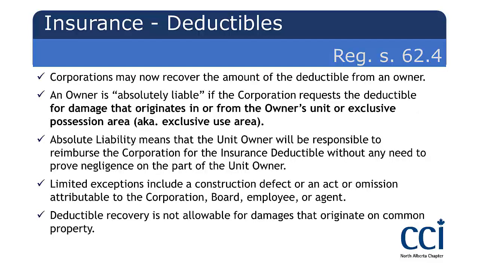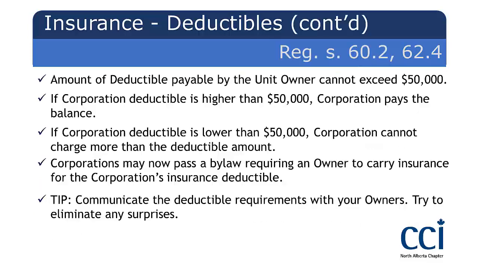Now, there are limited defenses to owners. They can say that this was a construction defect or an act or omission as a result of the corporation doing something. Now, in the tub example, obviously, none of that would apply. The deductible recovery is not allowable for damages that originate on the common property. The amount of the deductible that they can go after you, an owner, cannot exceed $50,000.